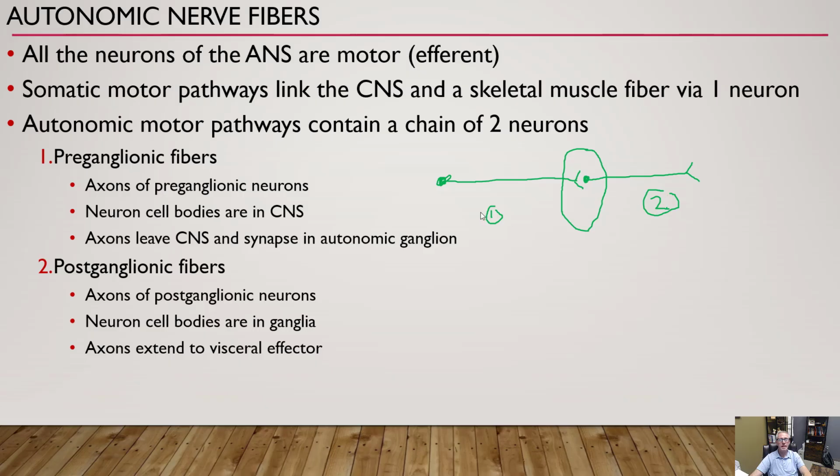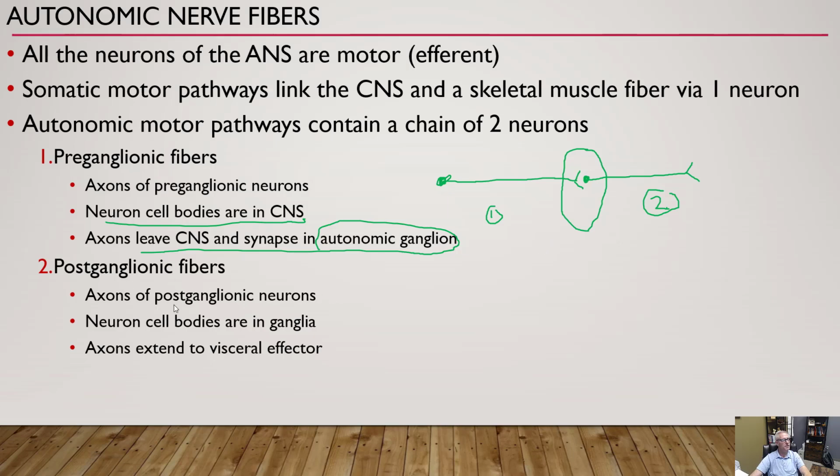So the preganglionic fiber, those neuronal cell bodies are actually in the central nervous system. Then they leave the central nervous system and they're going to synapse in some sort of ganglion.